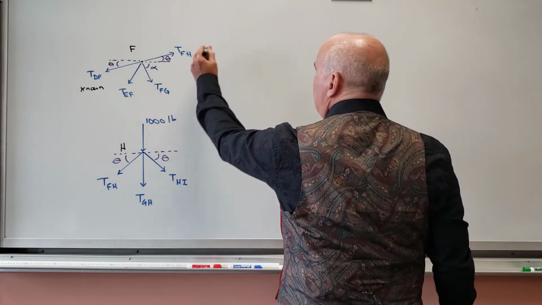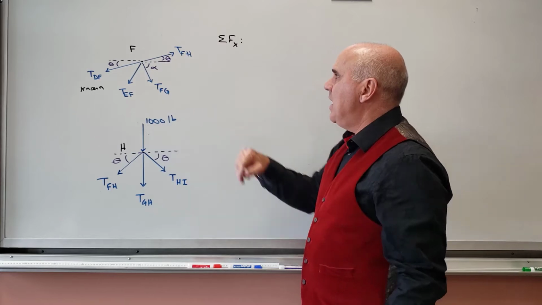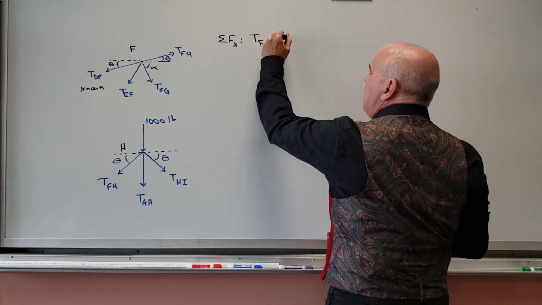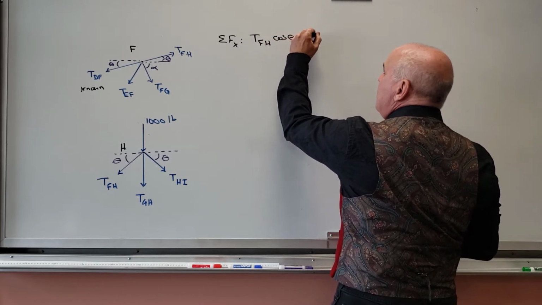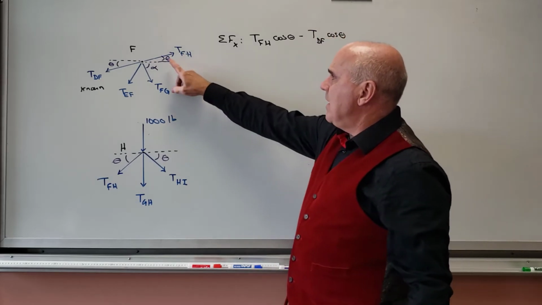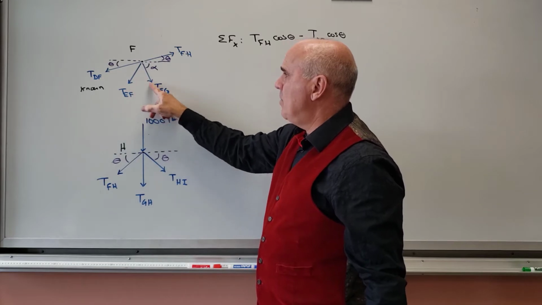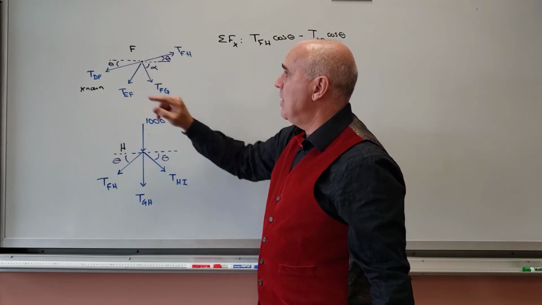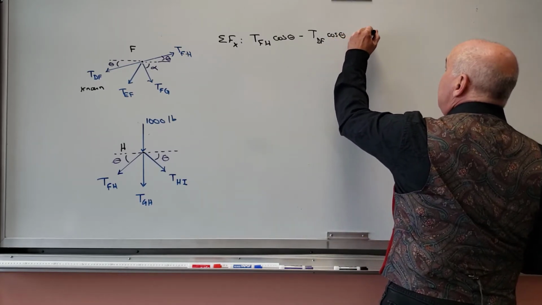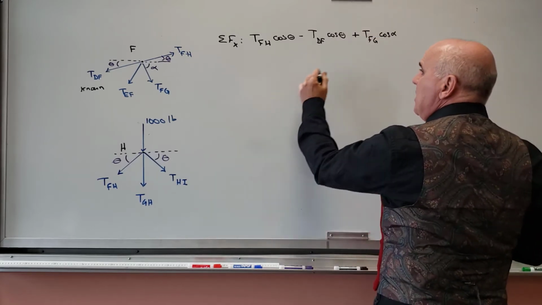All right, so the sum of the forces in the X direction here. So I've got TFH cosine theta minus TDF cosine theta. Right, this is pointing up and to the right, this is pointing down and to the left, and then these both are pointing down, but one to the right and one to the left. And so that's going to be plus TFG cosine alpha. Again, I know what alpha is.